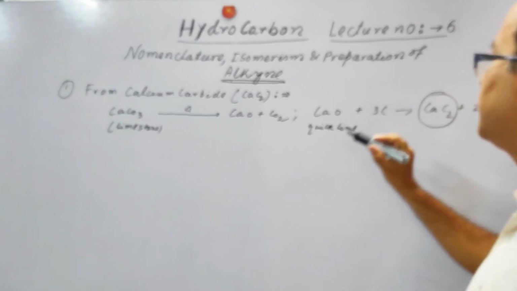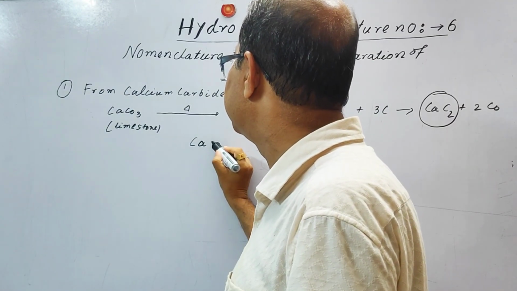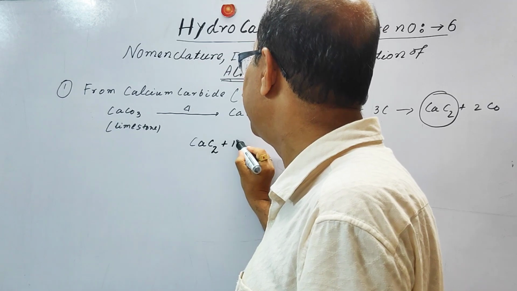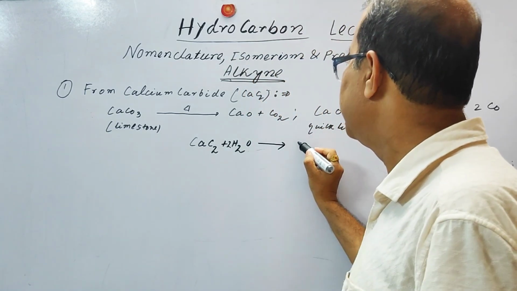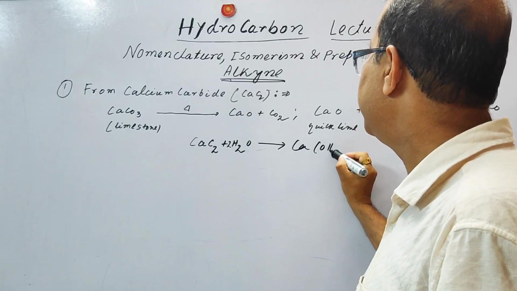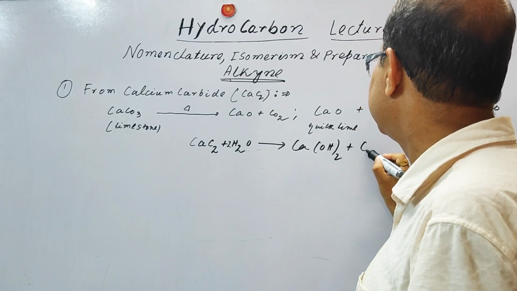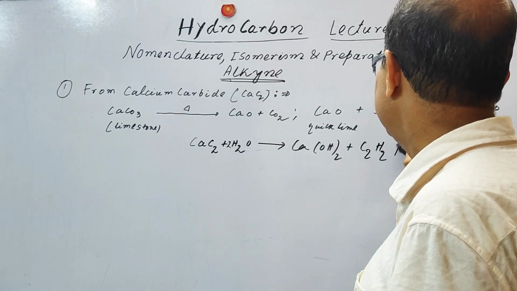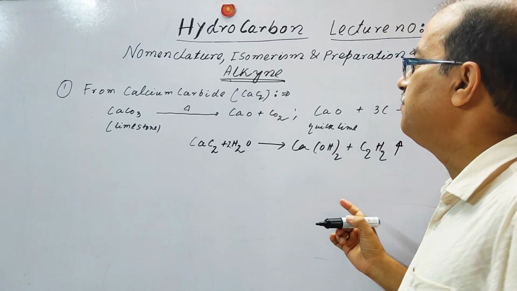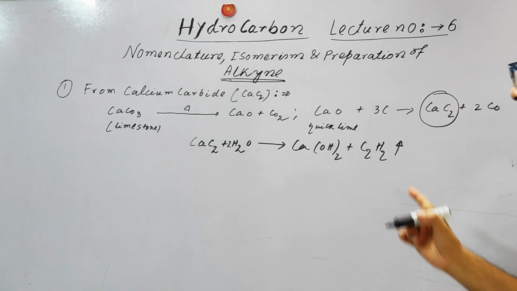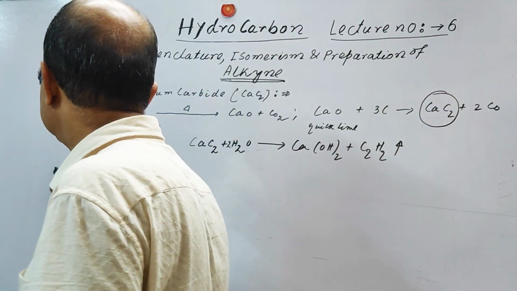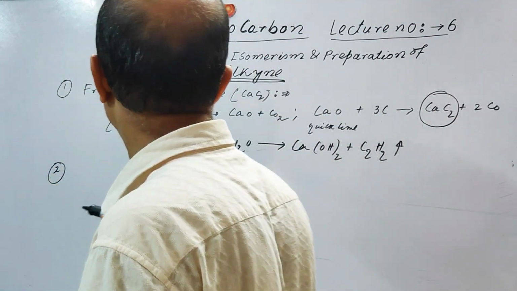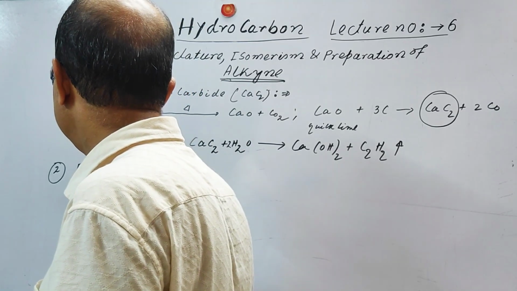And when this calcium carbide reacts with H2O, it produces calcium hydroxide and acetylene gas. This is the manufacturing process of the first member, acetylene or ethyne.